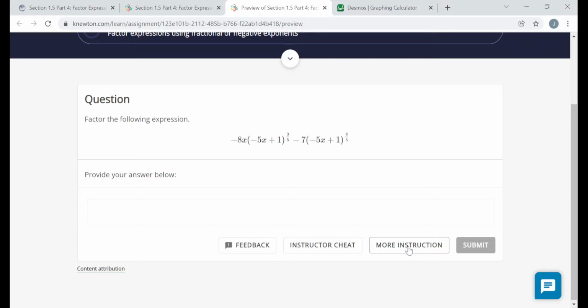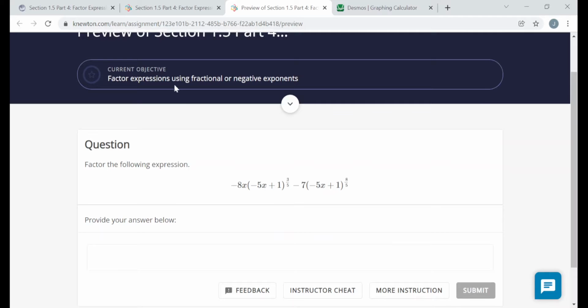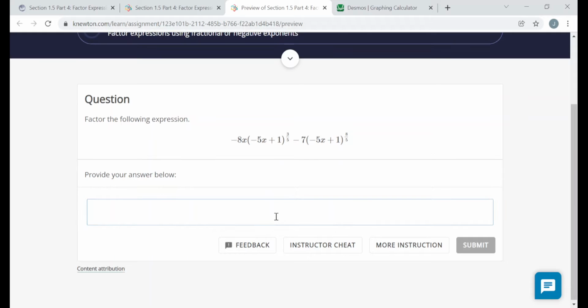Which is very important. If you are struggling with a particular objective, you don't remember how to do things, or a particular question, don't just guess an answer and get it wrong, because if you get things wrong, your progress bar will go backwards and then you'll have to do more questions to complete the assignment. So if you're ever struggling with something, try this out.